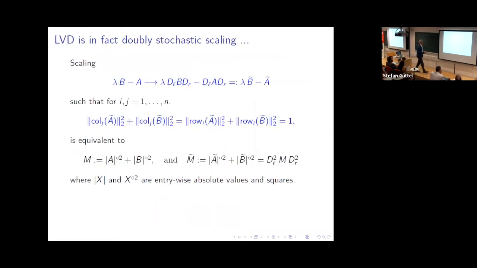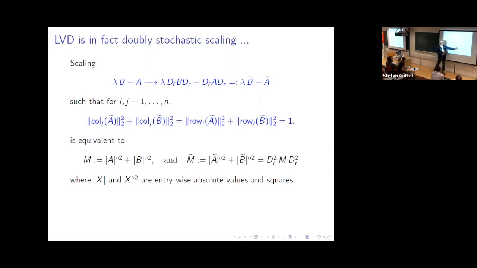But in fact, the scaling that we do with these diagonal matrices can be shown to be equivalent to another algorithm. If you satisfy these conditions, which were the conditions that I mentioned before, that the column and row norms are all equal to 1, you can interpret that differently. You form this matrix, which is the Hadamard square of each element in A, plus the Hadamard square of all elements in B in absolute value.